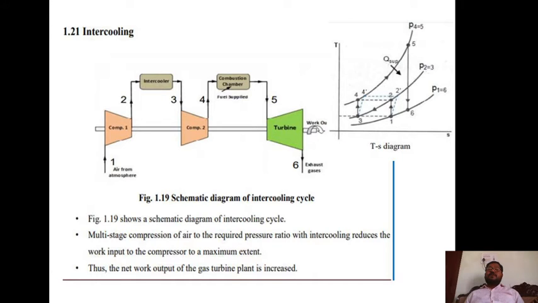You see here, 1 to 2 is the first stage isentropic compression process. 2 to 3 is in the intercooler, the cooling process.